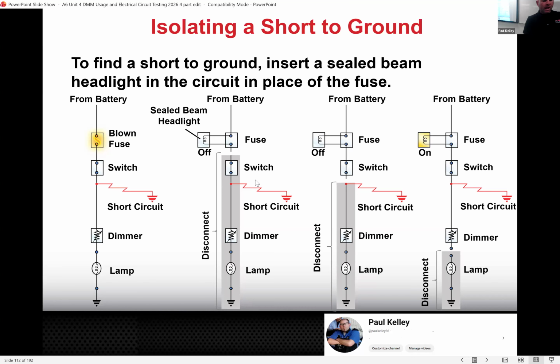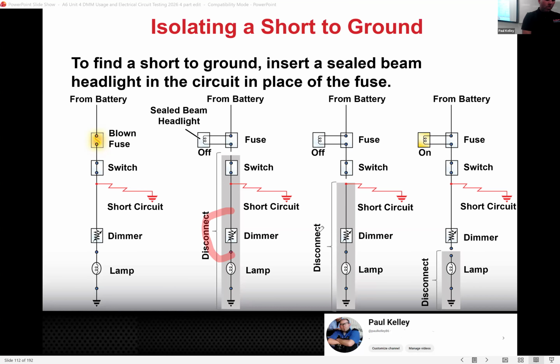Cool. I would consider them both to be shorts, but if it was a bypass, maybe it shorted from here to here. It's not shorted to ground, but it bypassed the load, right? So that means we just lowered the resistance. If we lower the resistance, the amperage is going to go up and blow the fuse. Cool?